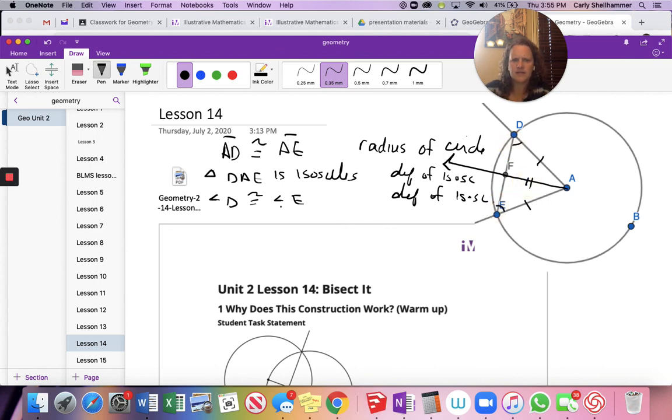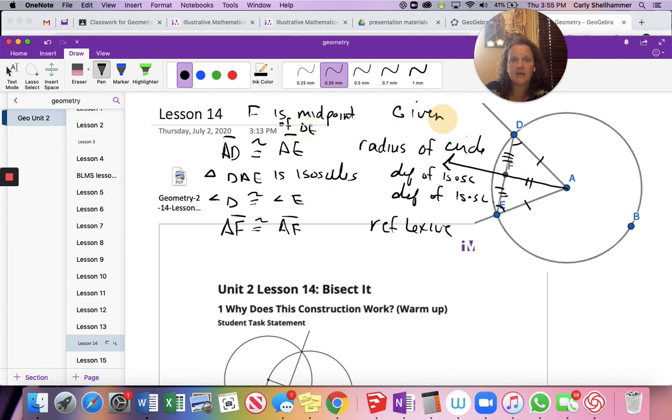And I can mark this. AF is congruent to AF because they're reflexive. Now we have, and I can mark this. Because we constructed, we would go up here, F is midpoint of DE given, because that's how we made it. So DF is congruent to EF. Definition of midpoint.